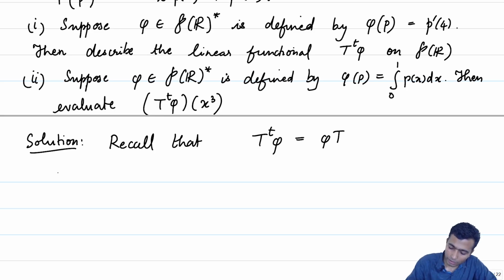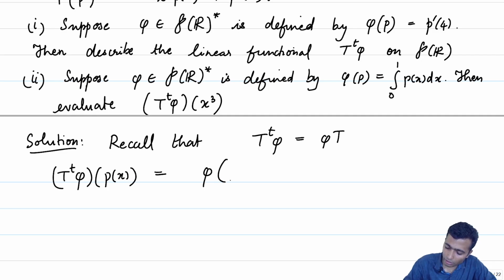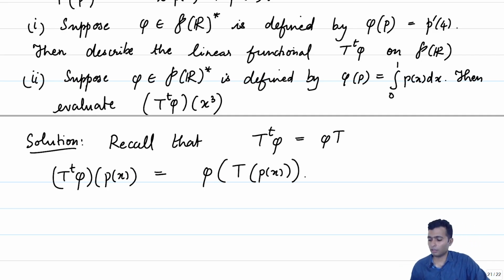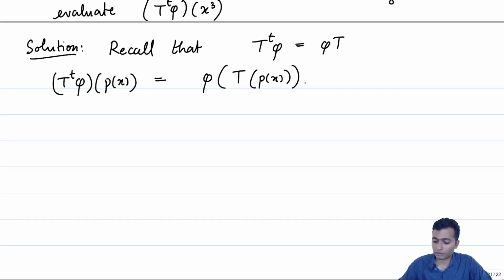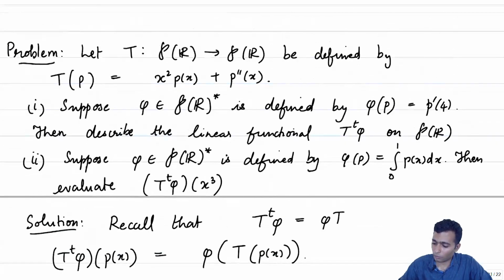So T transpose phi at a polynomial P of x will just be equal to phi of T of P of x. This is precisely what our definition tells us. But what is our T? Let's recall what our T is.